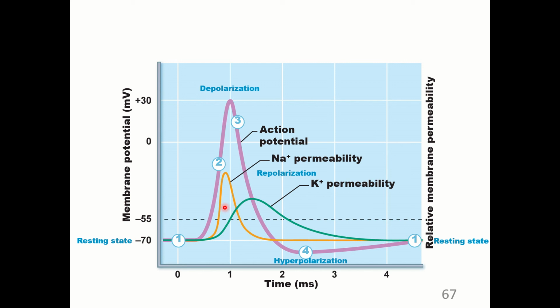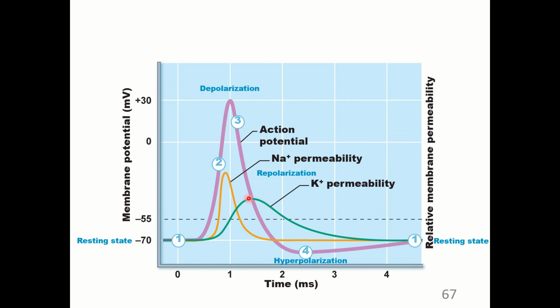During depolarization, the yellow line shows that sodium permeability has increased. Sodium is flooding into the cell during this time. Once positive 30 millivolts has been reached, the sodium channels close and potassium channels open. And now we see an increase in potassium permeability.